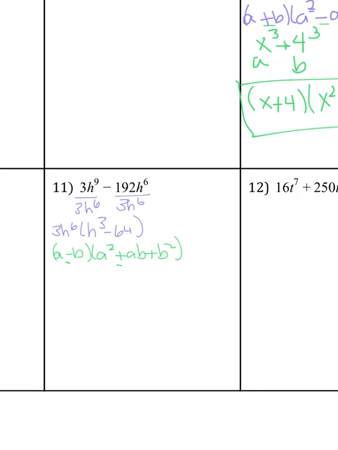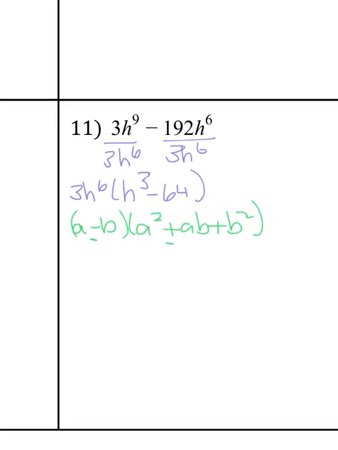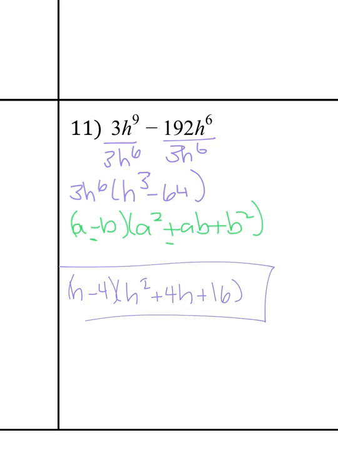So let's go ahead and fill this out, and we have 64, so it's the same value, so that makes it a little nicer. So this becomes h minus 4 times h squared plus 4h plus 16, and that is now factored completely.